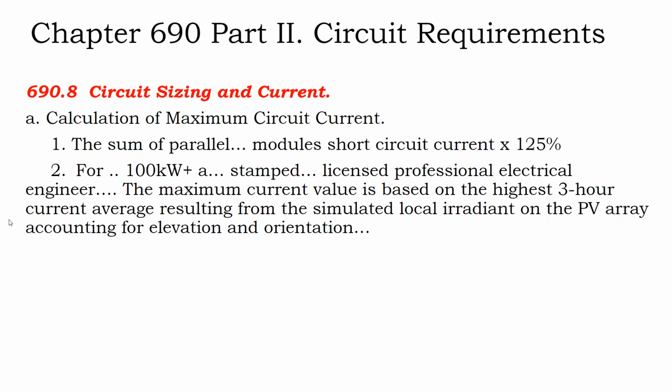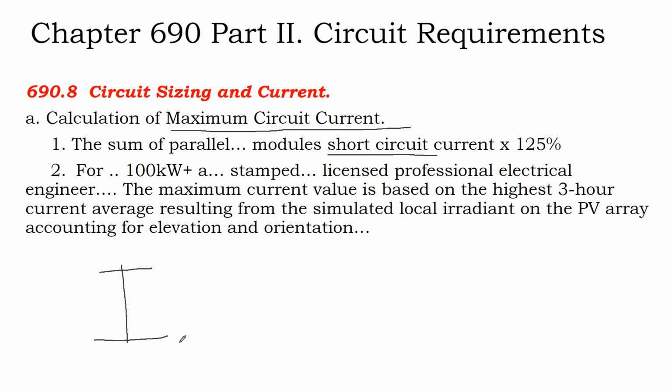Amperage capacity. So how do we size our circuits for maximum current? To calculate our maximum circuit current, we take the short circuit current. Again, current is amperage, and that's amperage with an I instead of an A. Amperage is inductance. All right.